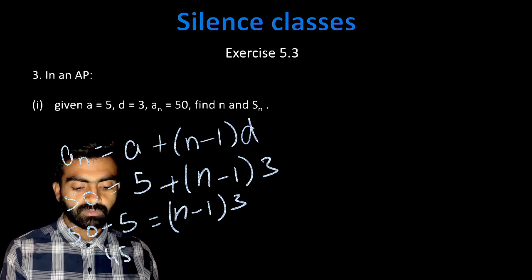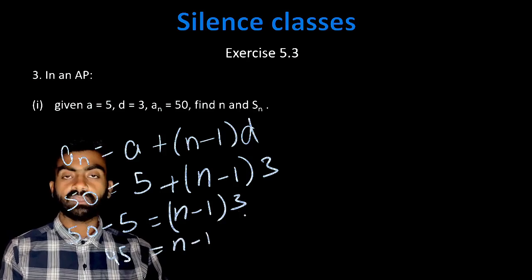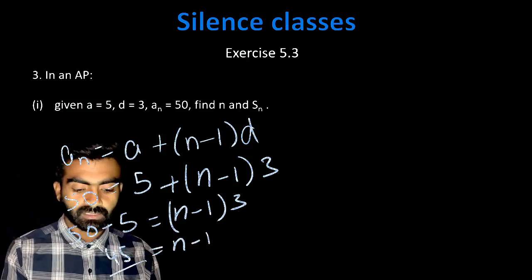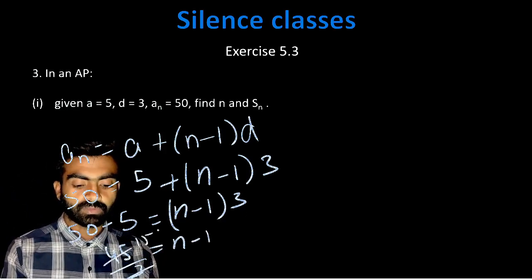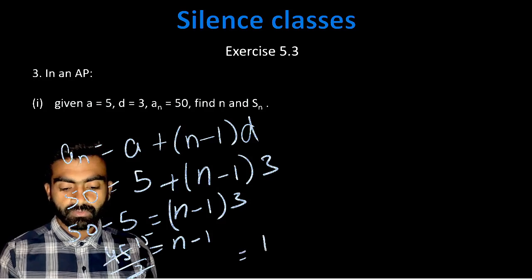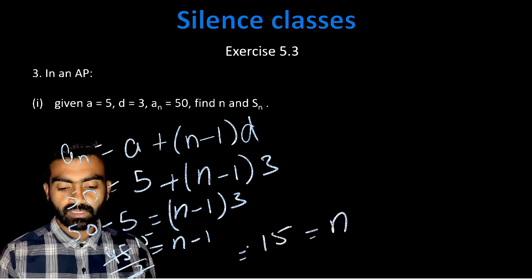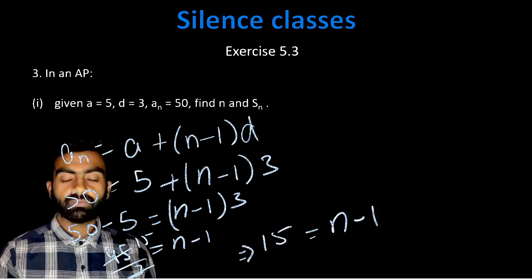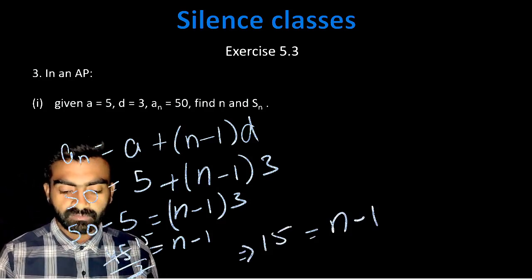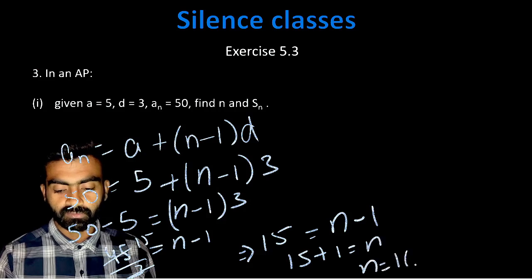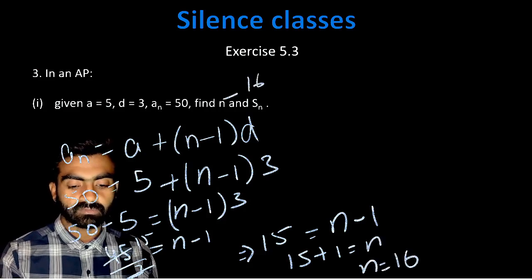We get 45 = (n - 1) × 3. We can send the 3 to the right-hand side: 3 × 5 is 15, so we get 15 = n - 1. If we send 1 to the right-hand side, it becomes 15 + 1 = n. So n = 16.